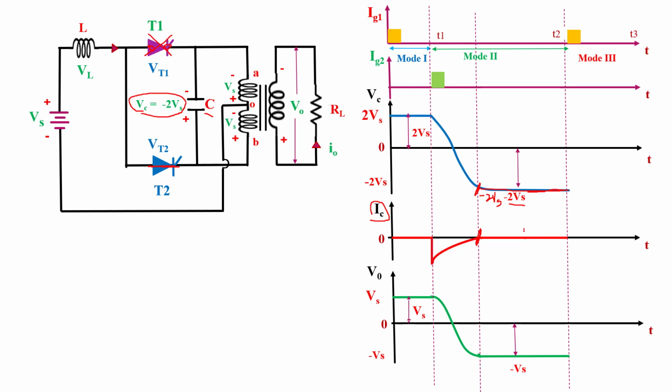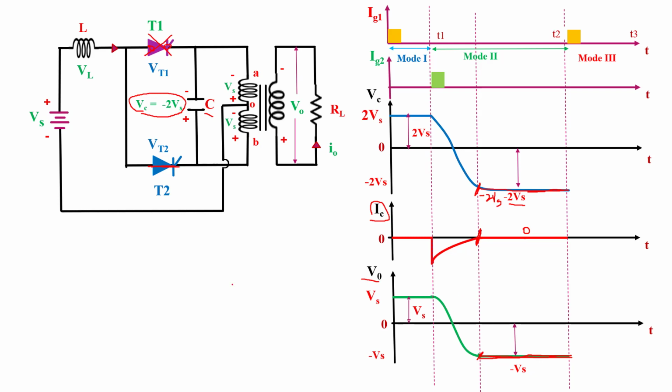Current is also zero across the capacitor, because the capacitor is charged because of this polarity of the primary winding of the transformer, so there is no flow of current across the capacitor. Now what about the output voltage? At this time instant the output voltage across the load is minus Vs. So the output voltage is also constant and maintains minus Vs, the supply voltage. So this is the waveform of mode 2.